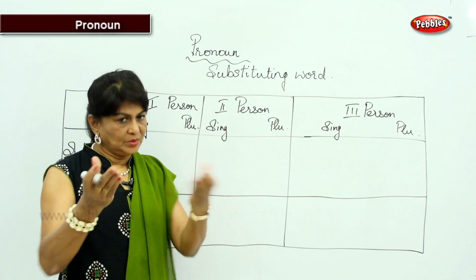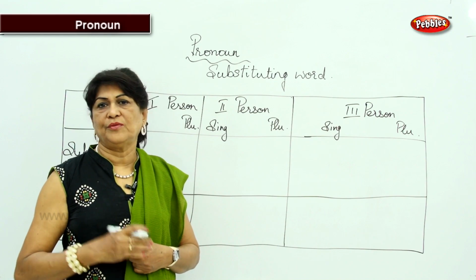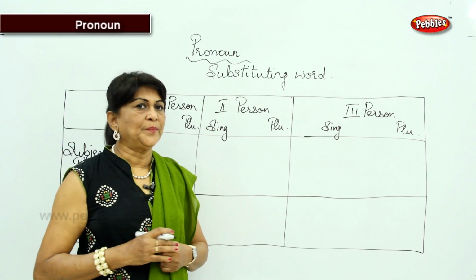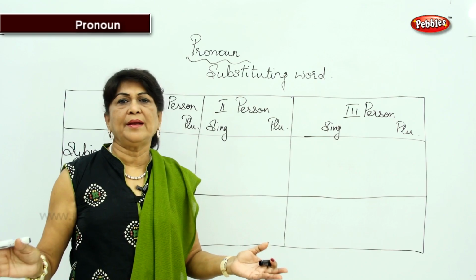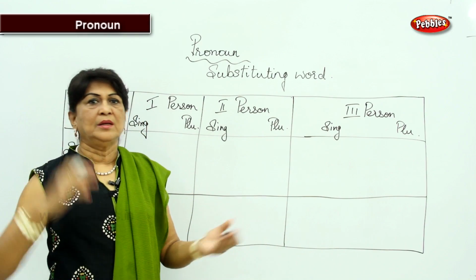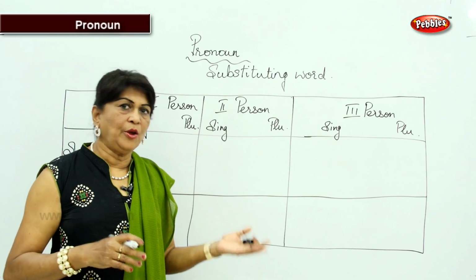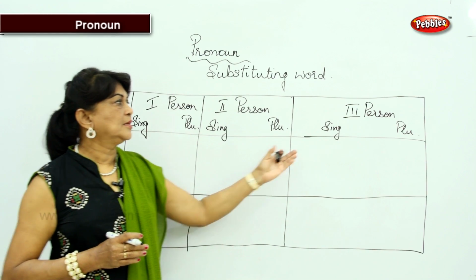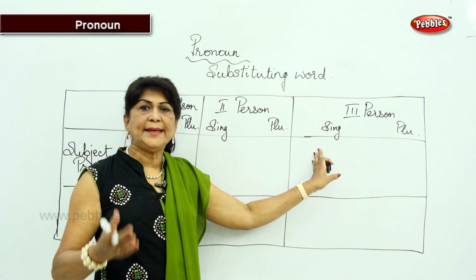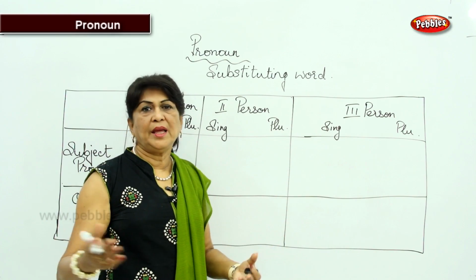So, you. Somebody who is standing right in front of you, you are addressing them. And third person is somebody who is not present there. It may be somebody whom you have seen yesterday or somebody standing far away. That is he, she, it and they as plural.